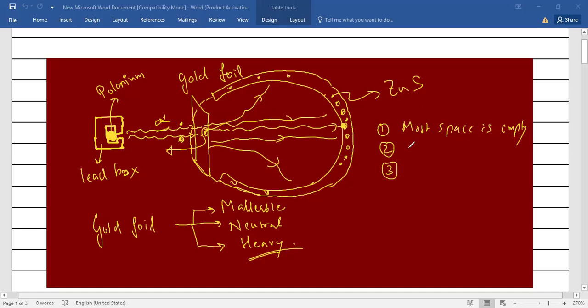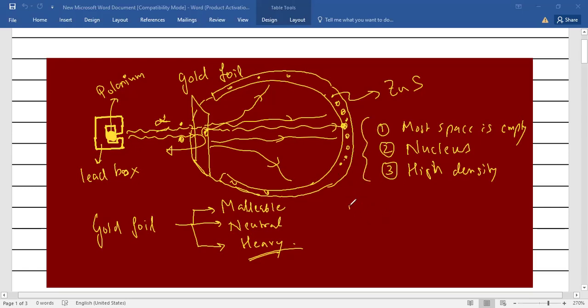That means there must be some positive charge, for which we use the term nucleus, because the positive charge will scatter the positively charged alpha particles. And a few alpha particles bounce back by 180 degrees. That means this nucleus has a very, very high density. So we can conclude that all the mass of the atom is situated at that particular center, which is called the nucleus.